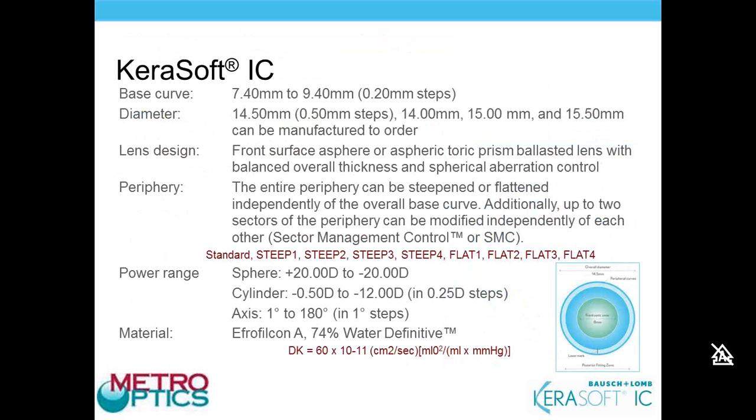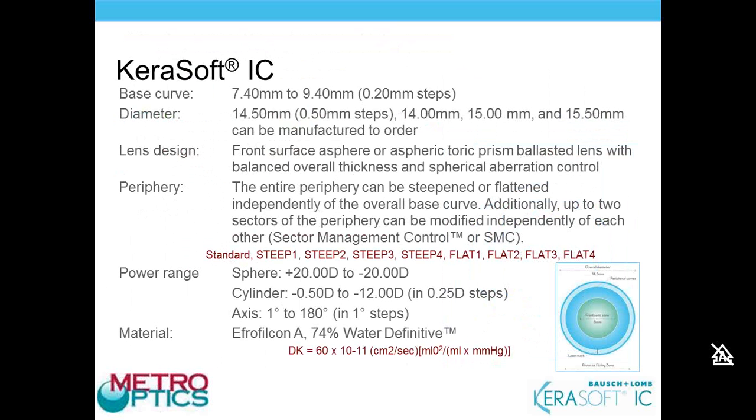The power range is pretty extensive, and the cylindrical component here is also extensive. And I know that a lot of times we shy away from providing the highest cylinder power when fitting a standard soft toric lens for our astigmatic patients.